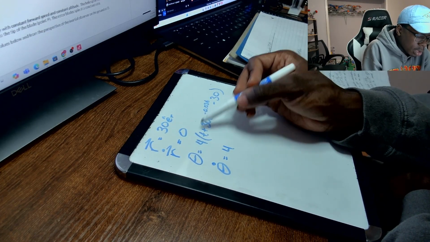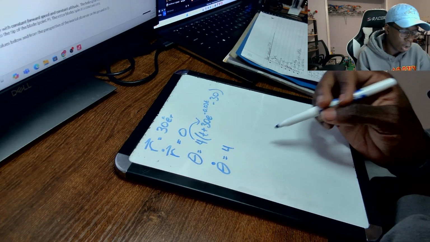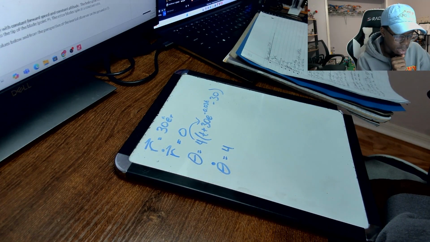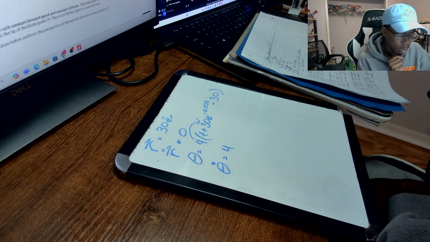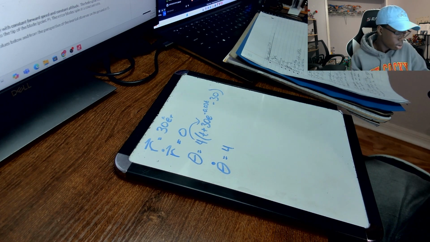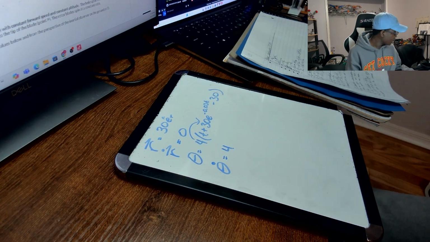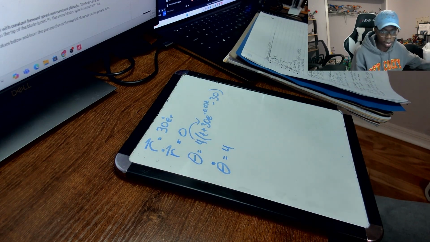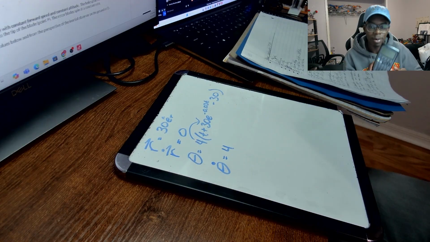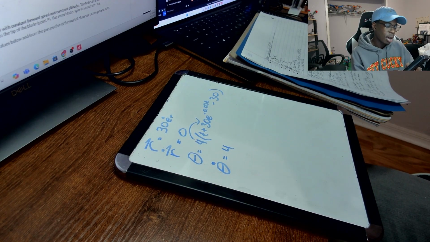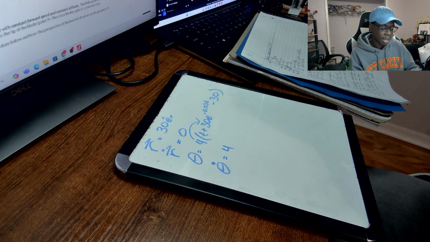If I distribute this 4 over here, you get 120 times negative that number. So I don't want to try and do everything in my head, so let me get my trusty calculator. I love this calculator so much, it's the TI-89 titanium.